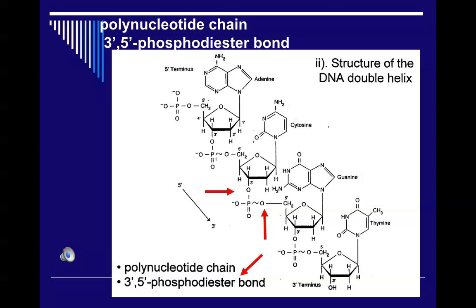It's an orientation, just like north and south. So we describe the directionality of this polynucleotide chain as 3' at the bottom and 5' at the top. A 3', 5' phosphodiester bond all the way up and down the chain of nucleotides.